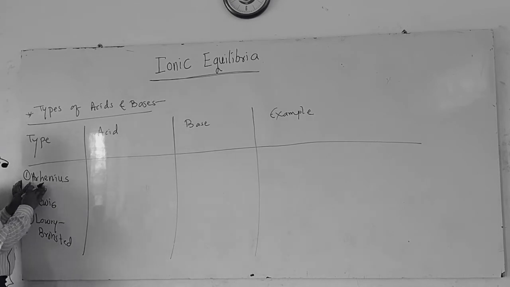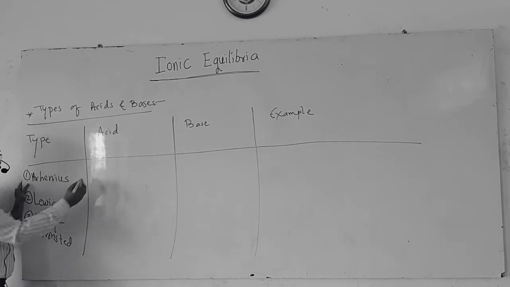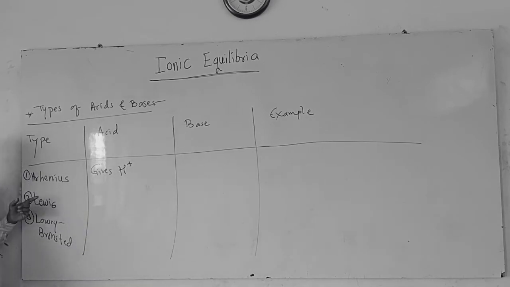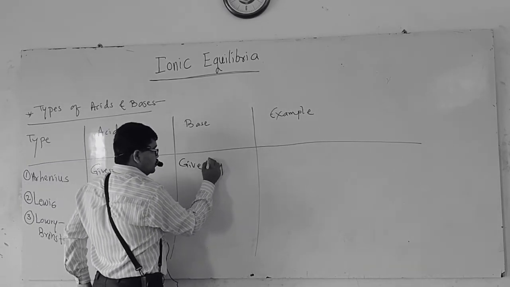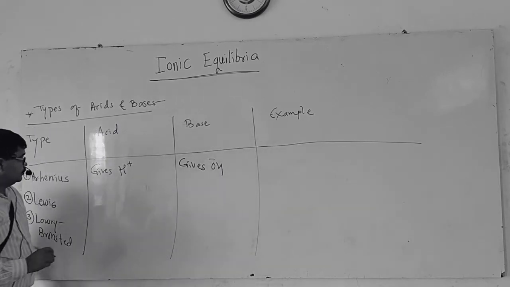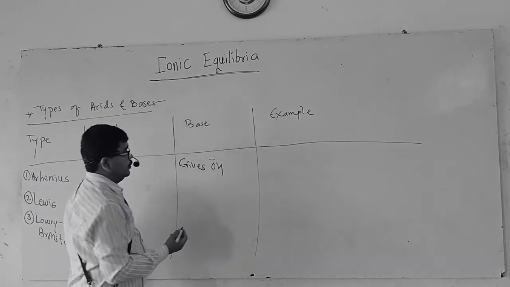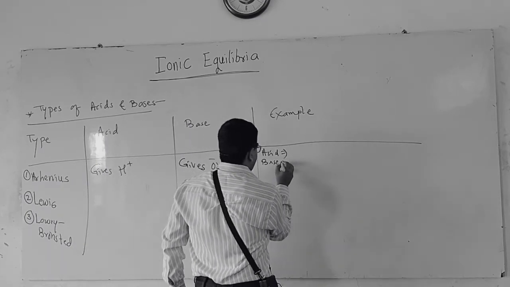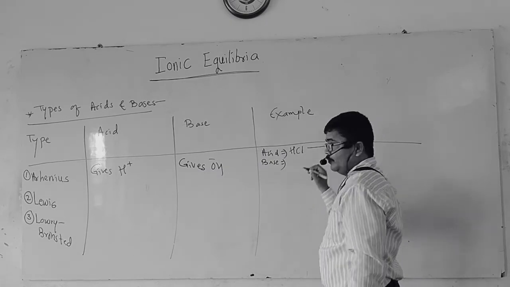What is Arrhenius acid? The substance which gives H plus is an Arrhenius acid, and the substance which gives OH minus is an Arrhenius base. Example of acid, example of base. You can take the example of HCl.